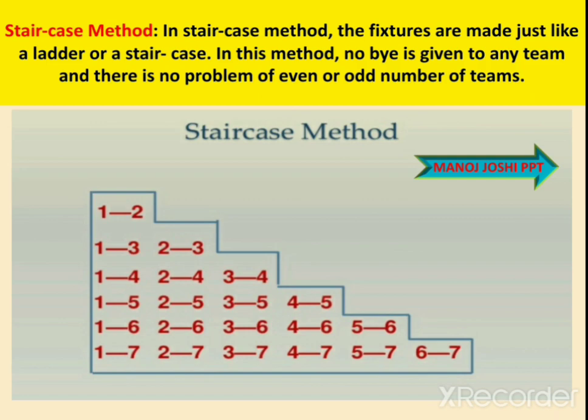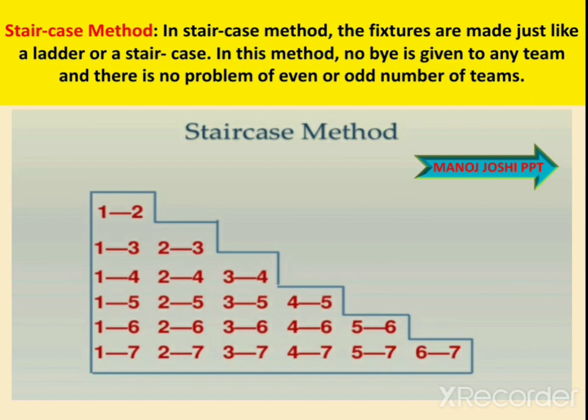What we are doing here, we are writing the first team number, 1, 6 times because 6 rounds are there. So 6 times we will write 1, and after that we will write the next numbers: 2, 3, 4, 5, 6, 7. The last number should be the number of teams. So 2, 3, 4, 5, 6, 7.